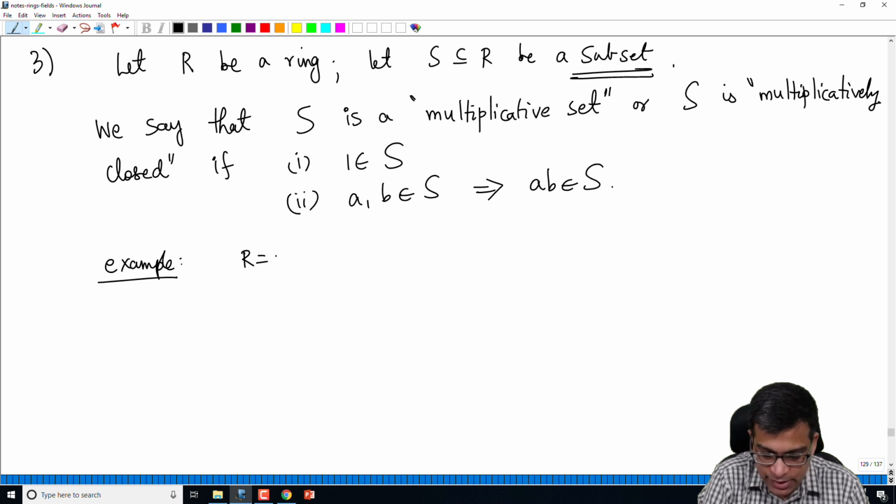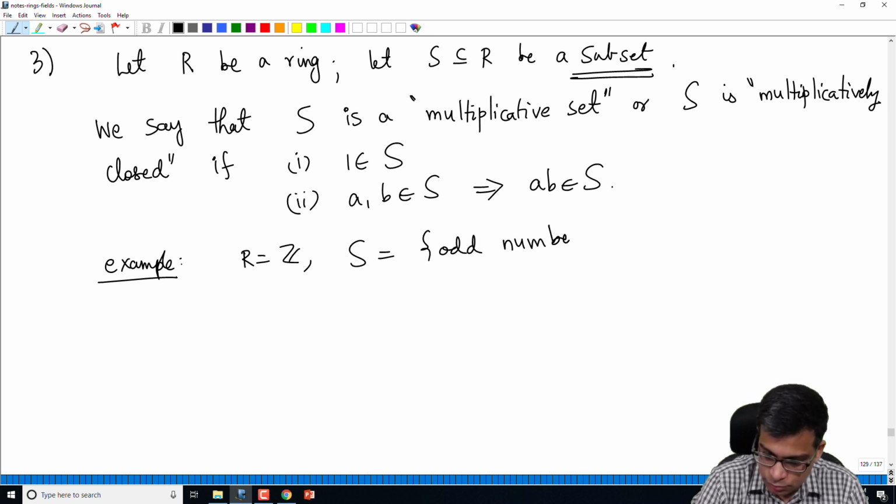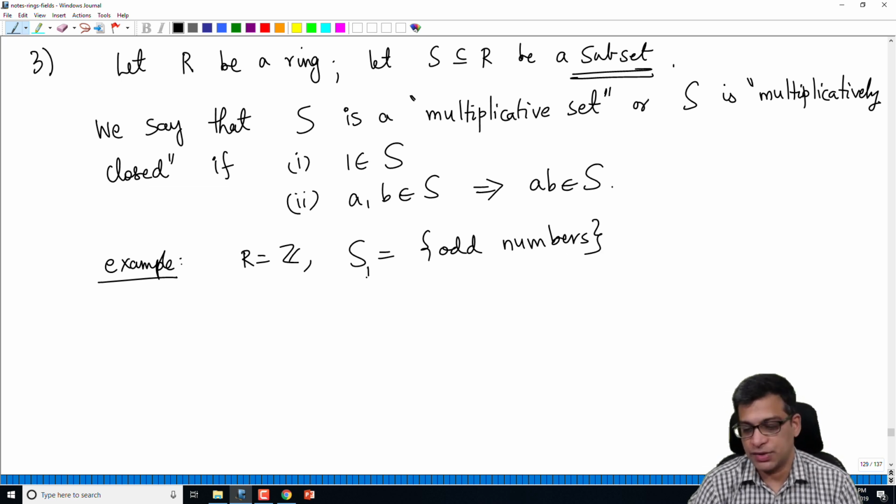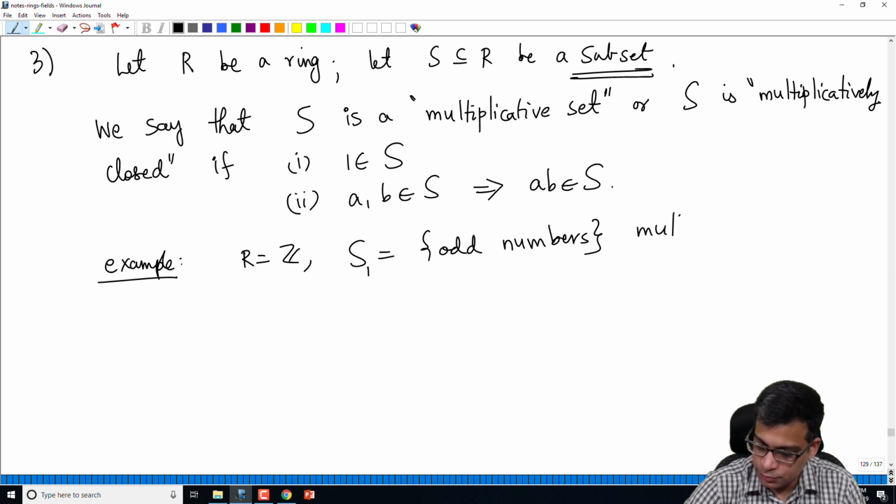So if R is Z, you can take S1 to be odd numbers. So 1 is an odd number, the product of two odd numbers is an odd number, so this is multiplicative.